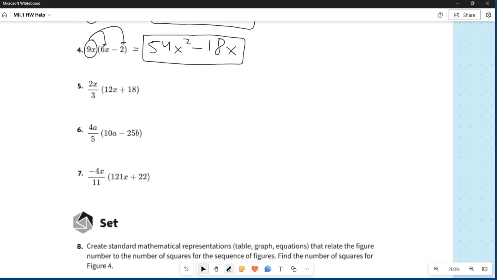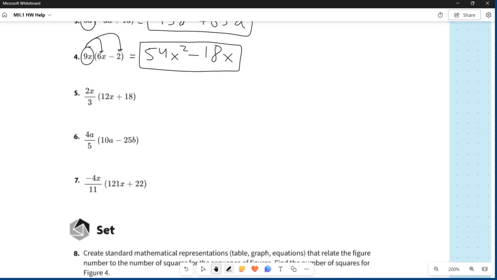Last problem in this section that we're going to do, number 5, very similar to the first 4, except our monomial happens to have a fraction in it. So if you're not that comfortable with fractions, you could use a calculator here. However, I would encourage you to think about what is happening in this problem.